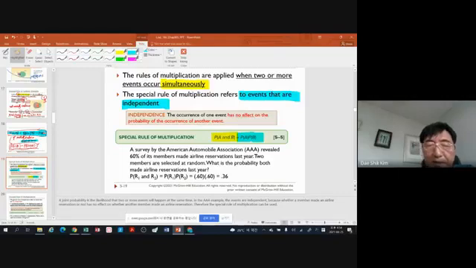For example, a survey of the American Automobile Association, AAA, triple A, revealed 60% of the members made airline reservations last year. AAA is automobile; they provide lots of services to their members.